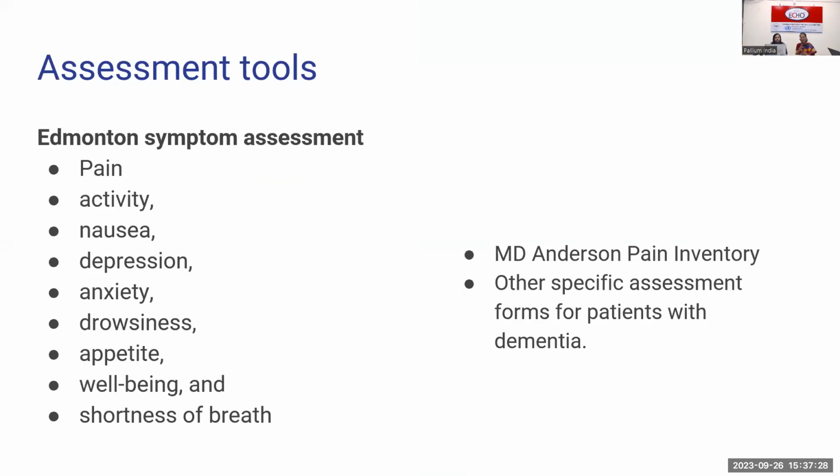Regarding cancer pain assessment, the Edmonton assessment tool is used. The main thing is that you have to keep all the other elements in mind also. If you see, as I mentioned, pain is on top and shortness of breath is at the bottom. These are the two main things. But in between, everything you're seeing is also important, like depression.